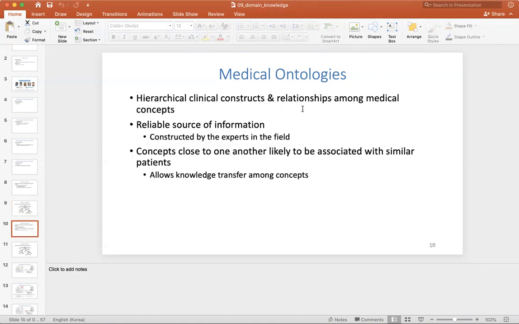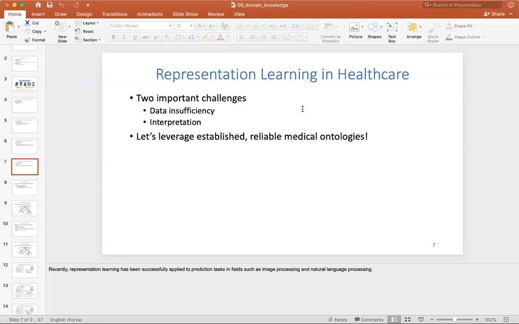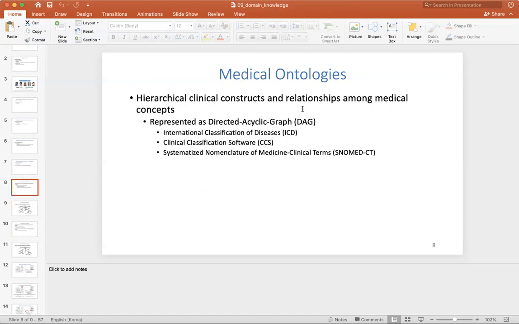Just to back up, there were two challenges that we wanted to solve here. One is data insufficiency, the other is interpretation, and the proposed solution was to rely on medical ontologies that are typically represented as a directed acyclic graph, and we've just seen a bunch of different DAG structures.